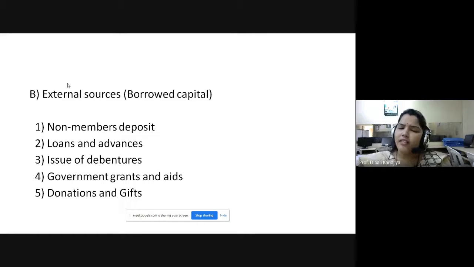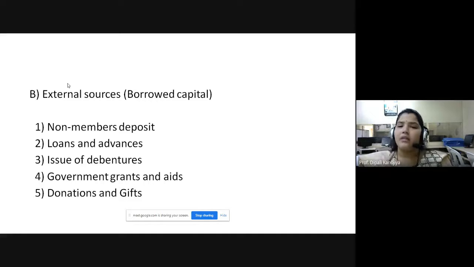There are different types of deposits accepted by the society: current deposit, saving deposit, fixed deposit, recurring deposit. In non-members' deposit, a specific rate of interest is paid on the deposit, for 1 to 10 years.